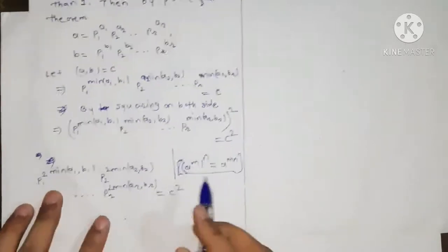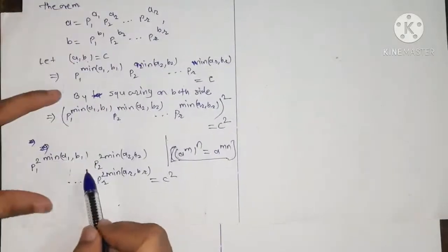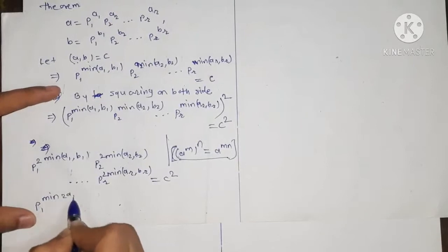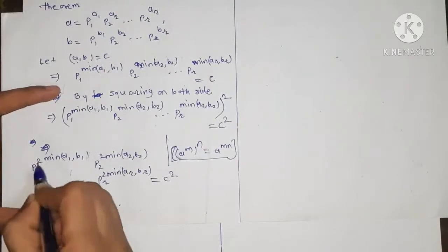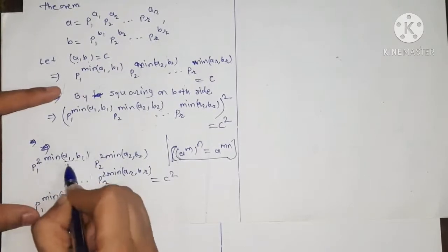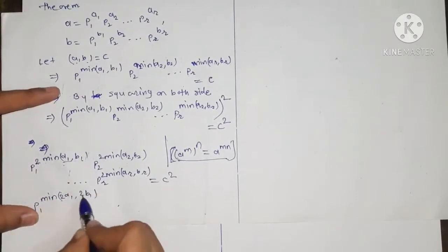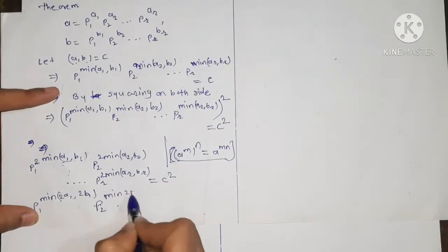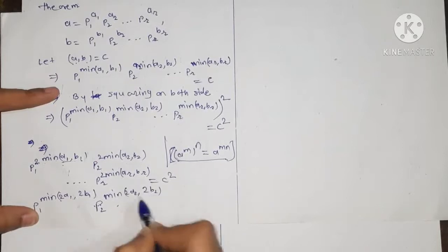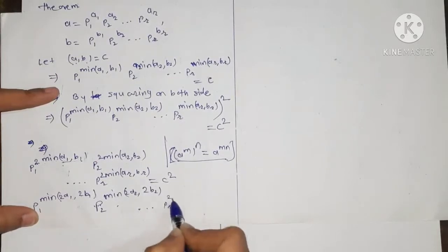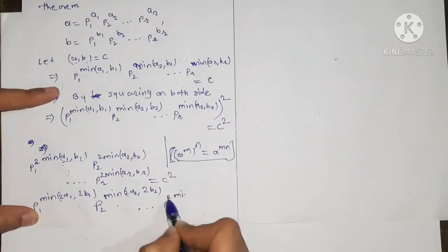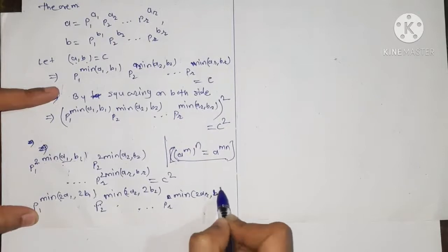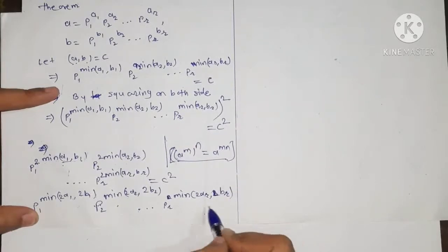equal to c square. Now twice the minimum of a1 comma b1 is written as p1 to the power minimum of 2a1 comma 2b1. That is, we can multiply this number 2 inside the minimum of a1 comma b1. So it is twice a1 comma twice b1, into p2 to the power minimum of twice a2 comma twice b2, and so on, pr to the power minimum of 2ar comma 2br, that is equal to c square.